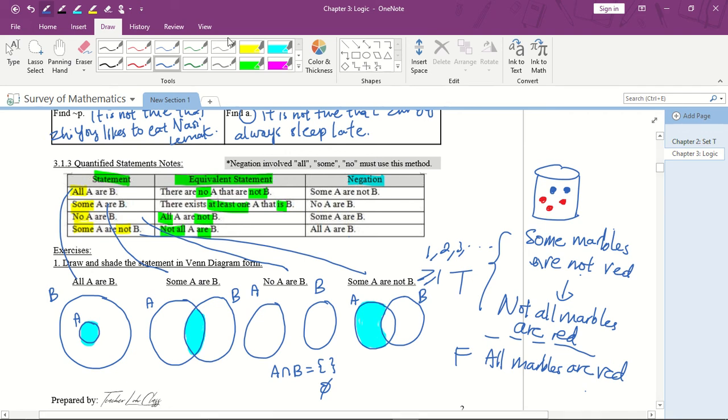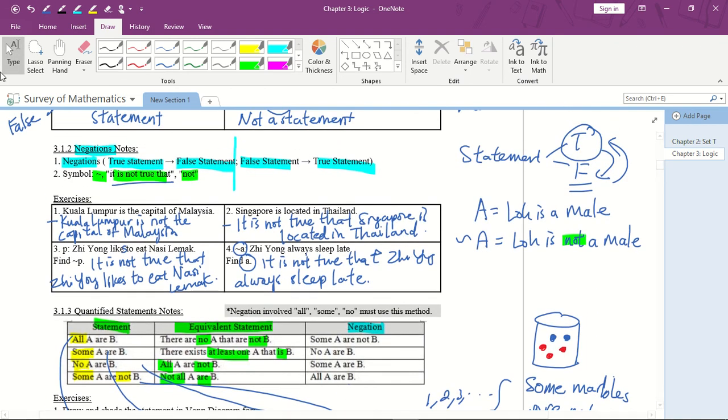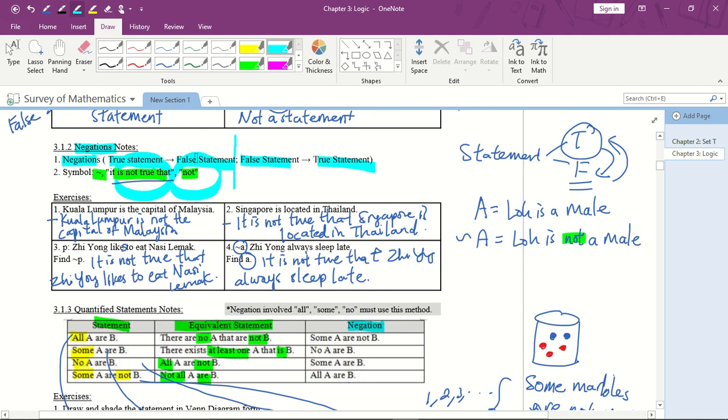Okay, and just as a reminder, just now we learned about negation, right? Negation here. We say that we can add the words "it is not true that," or we can add the word "not," to make the statement from true to false or from false to true.